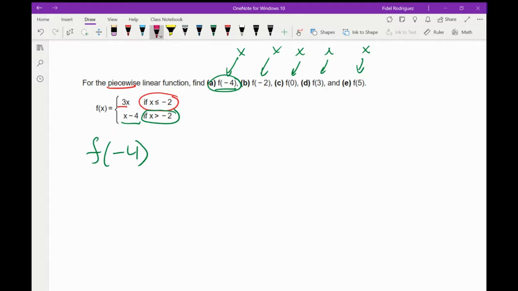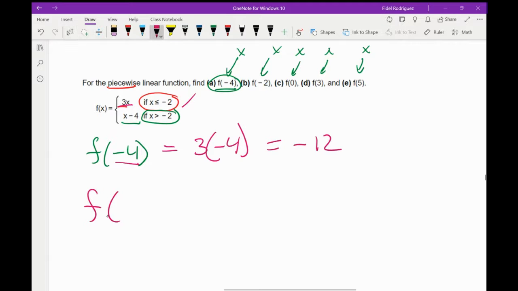What do you think? Smaller, right? Okay, so it's going to fall in the first part. Since we're going to use the first part, we ask, what's 3 times the number we are using, negative 4? That number happens to be negative 12, okay? And then we're going to keep doing this. We have to do it 5 times because there are 5 parts, but that's basically what we're going to do.